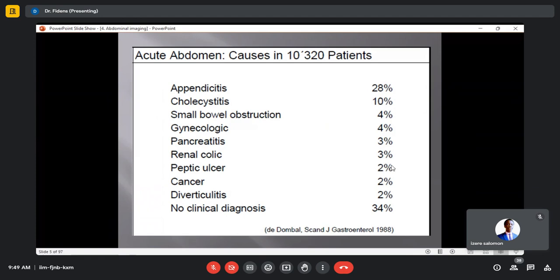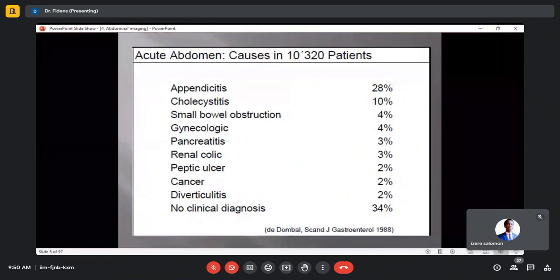Renal colic, 3%. Peptic ulcer, 2%. Pain caused by any cancer, GIT or abdominal cancer, 2%. Diverticulitis, 2%. And in 34% in that study, no cause was found, okay?